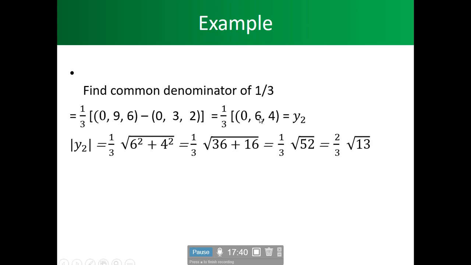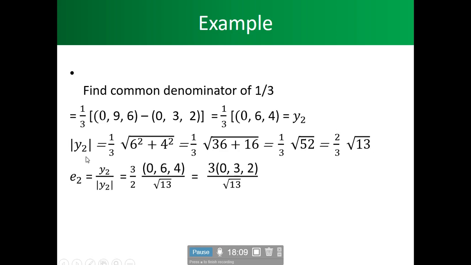So if we take 6 squared and 4 squared, square root of that, times the 1/3, we find out that this is 36 plus 16, square root of that, 52, and we know that 4 times 13 equals 52. So we're able to pull out a 2, because that's 2 times 2.